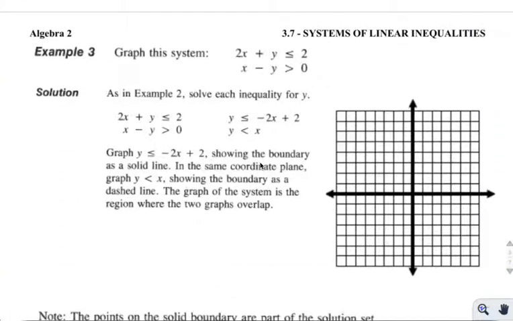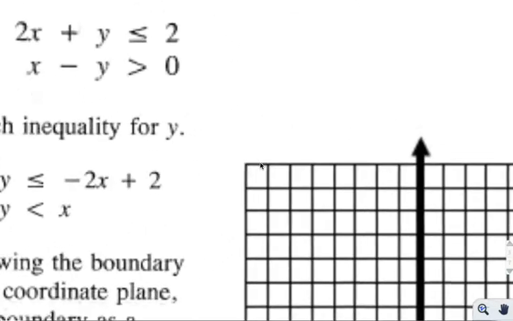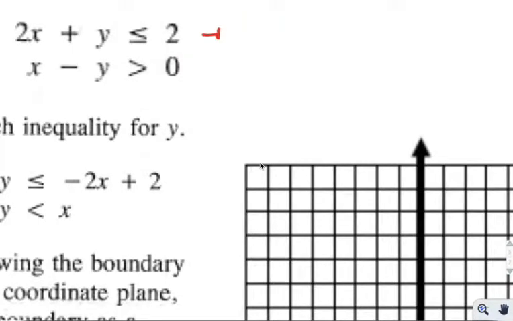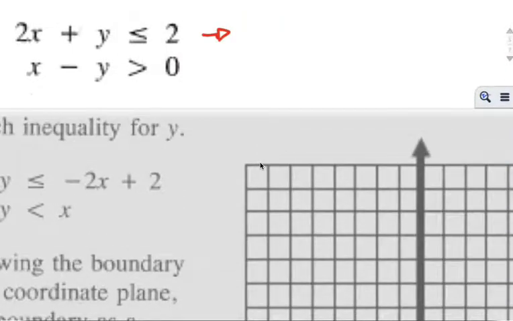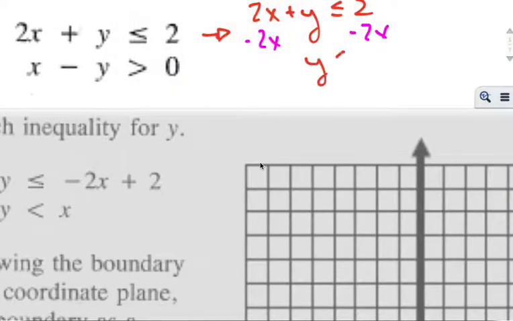We want to graph another one. This is a system: 2x plus y is less than or equal to 2. I'm going to solve that and get y by itself. I subtract the 2x, and so I get y is less than or equal to negative 2x plus 2.